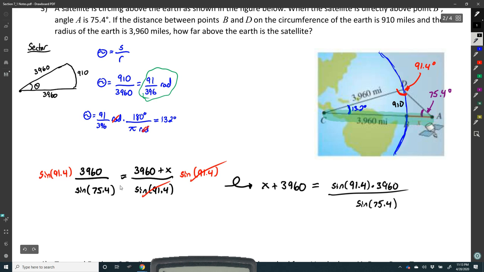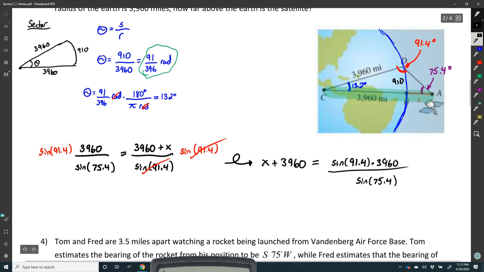And then, yeah, so all I got to do now is subtract 3,960. And that's going to give you your answer. So x is equal to sine.